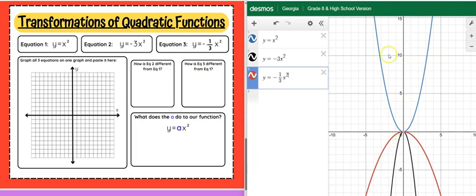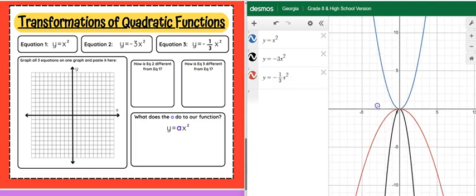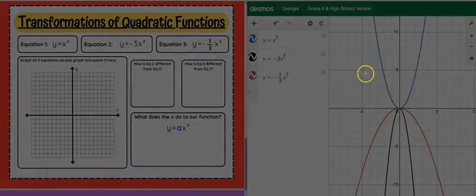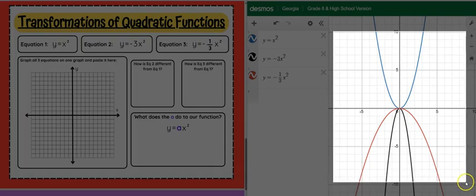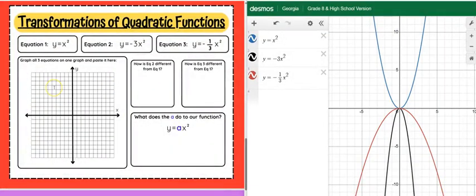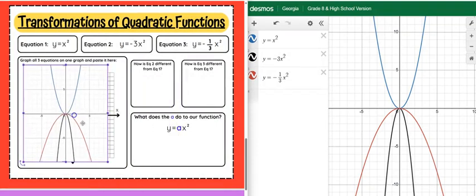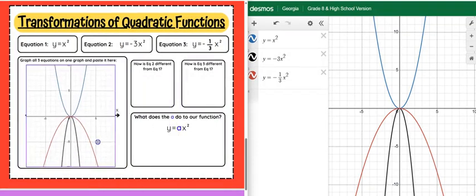All right, so do you see what happens here? Our graph flips upside down. It reflects over the x-axis. That's what that's called: reflecting over the x-axis. So again, all our vertices are at the same place. We just flip the graphs upside down.